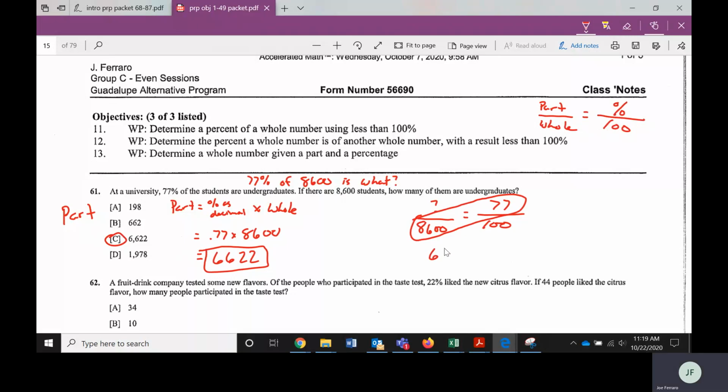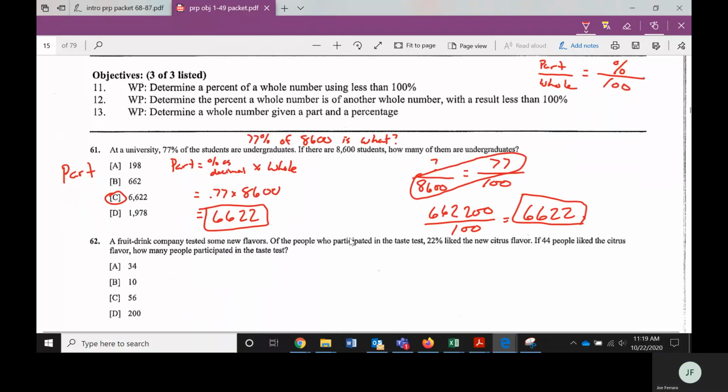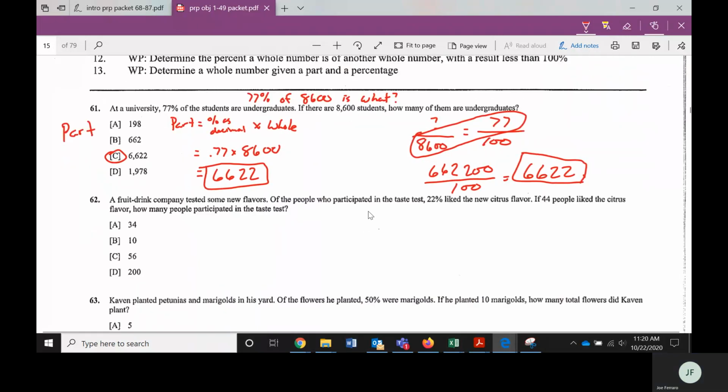When you multiply those, it's 662,200. Divide by 100, which is the third number, and you get that same answer that we had. So I'll probably do all these both ways because some people use different methods. But the start of the problem is the same. You got to figure out what you're looking for.